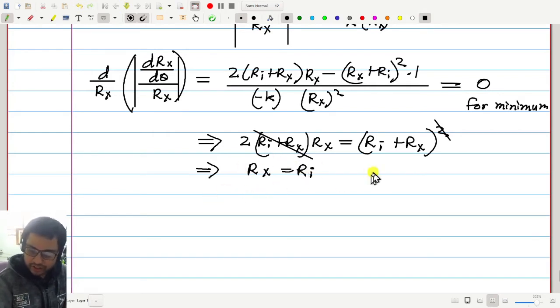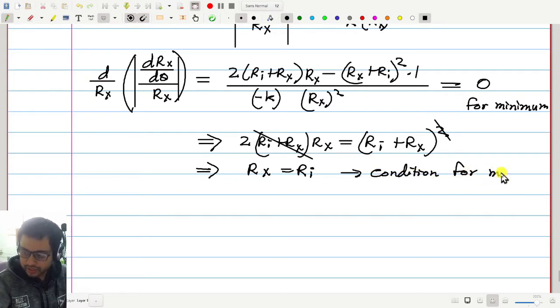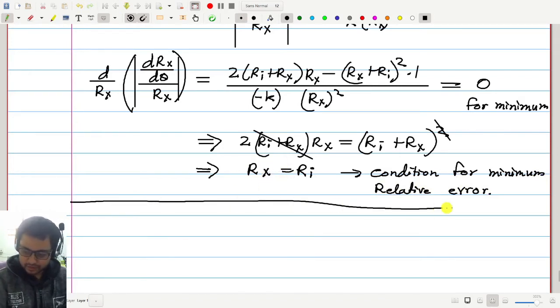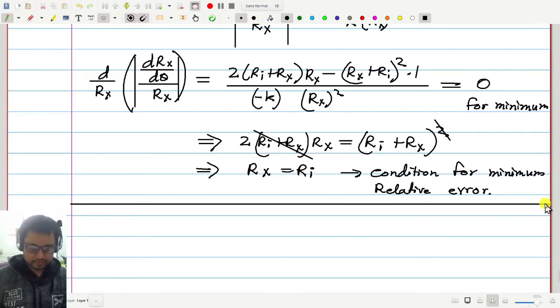So this is the condition for minimum relative error. That means near the center of the scale, we will get minimum relative error.